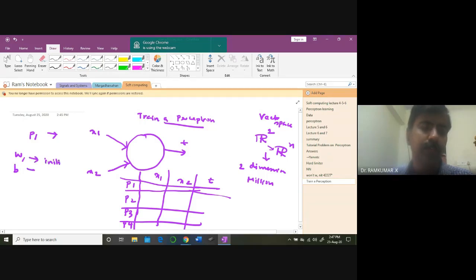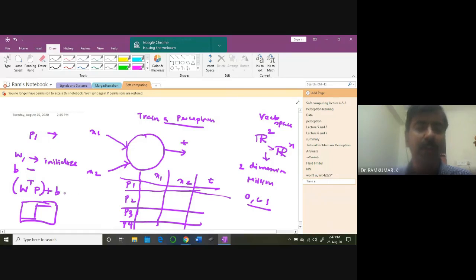Initialize, take the first pattern and give it to the network: W transpose P plus B. Check whether the output matches the target, either 0 or 1. You can use the hard limiting transfer function, either 0 or 1. If this value is greater than or equal to 0, the output is 1; less than 0, the output is 0. Check whether you are doing it.